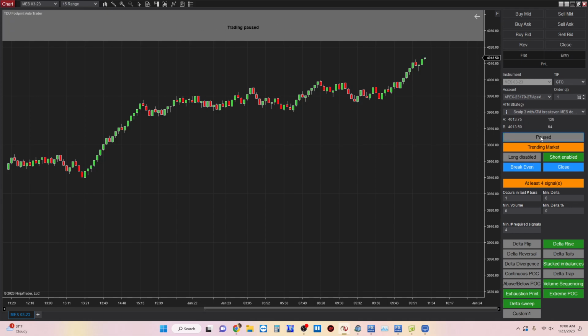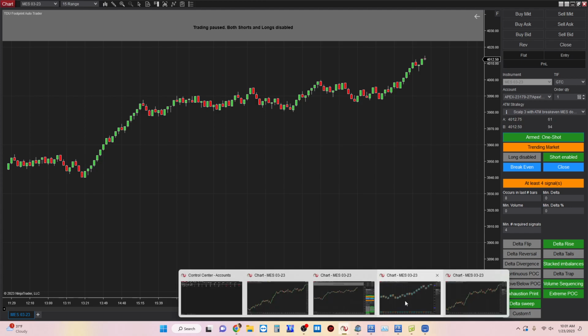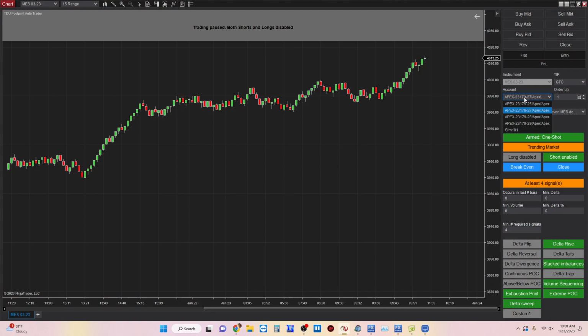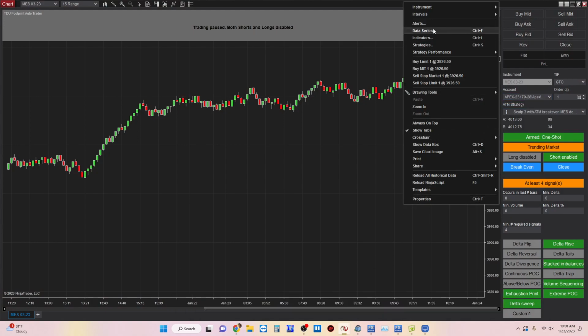We want it paused. We want 8 bars. We can do that. Yeah. We'll allow it for one shot. We'll see what happens if we can get to an exhaustion print or anything like that. So that's set. And then we need to set it to the right account. So 28. Did we set it to 28 here?